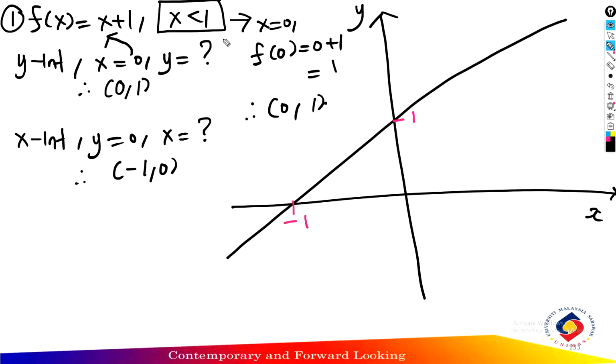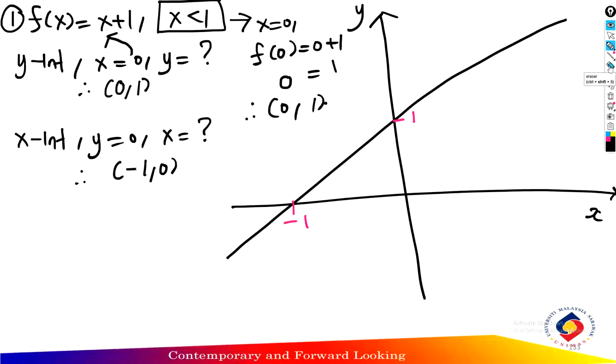So for the domain of this linear function, the value of x is less than 1. Find the point when x equals 0, so the value of y equals 1. At the point (0, 1) you put the empty circle, meaning that the point (0, 1) is not included in the function.